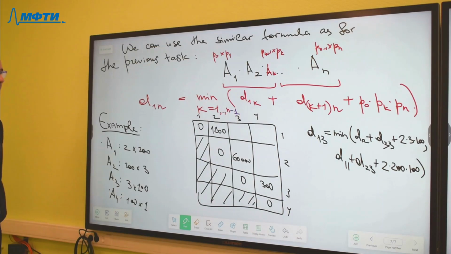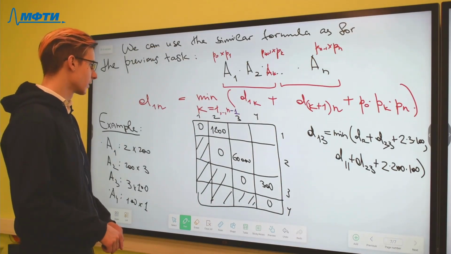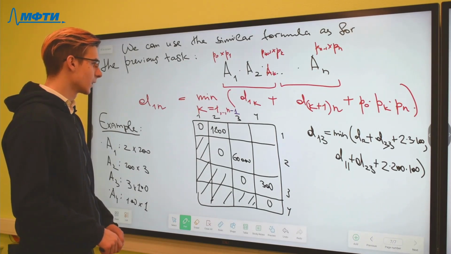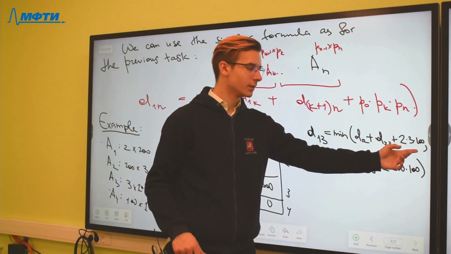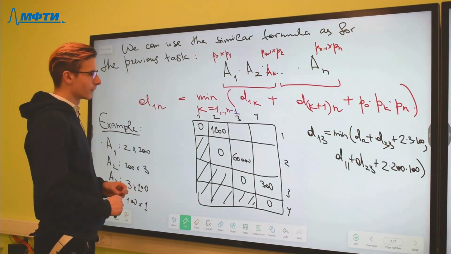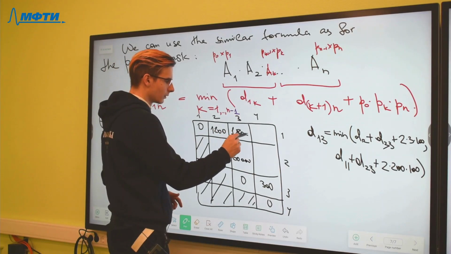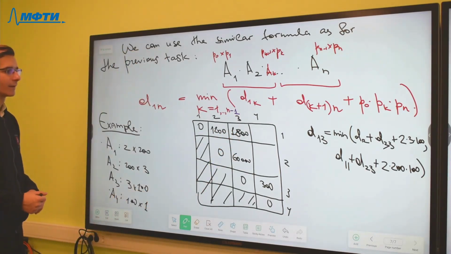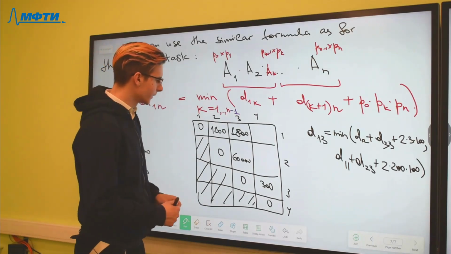So we found the minimum of this summary, and we see that the minimum, if we add this multiplication to this number, is equal to 108, 1,800.